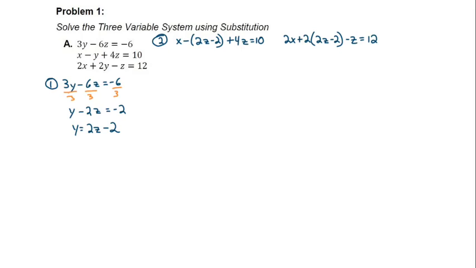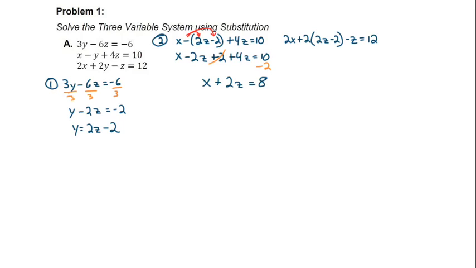I do not want to forget distributing that negative. So let's clean it up, combine our terms, and then we can move from there. So this becomes x minus 2z plus 2 plus 4z equals 10. I'll move the 2 over here and combine my z's. So x plus 2z equals 8.